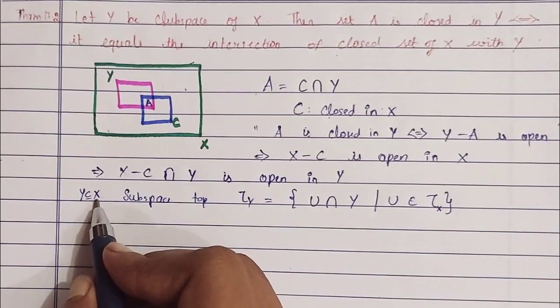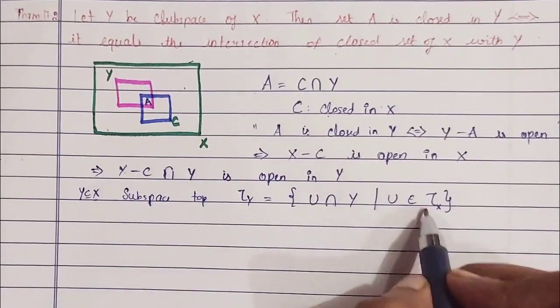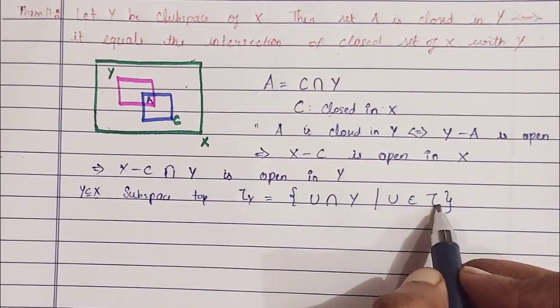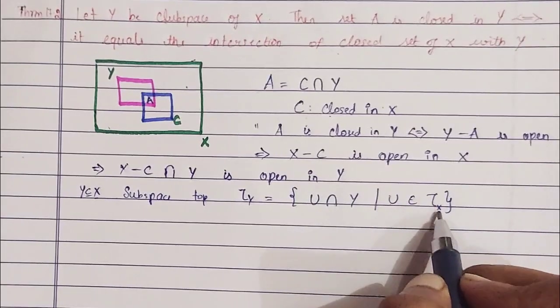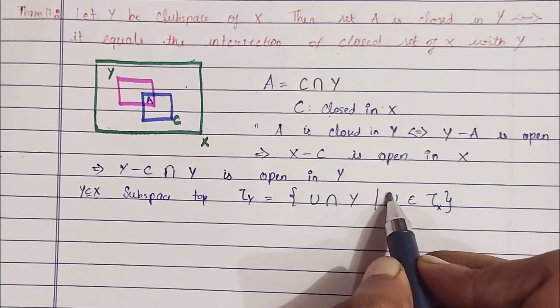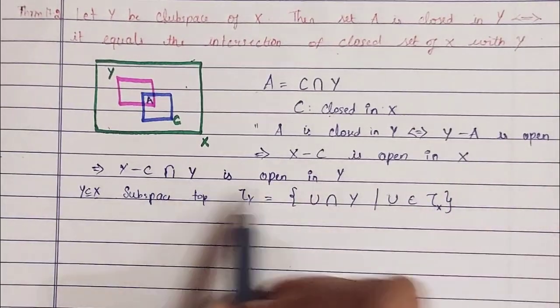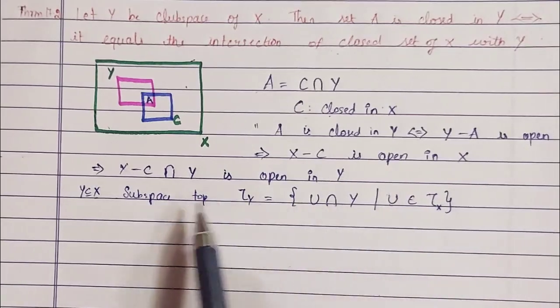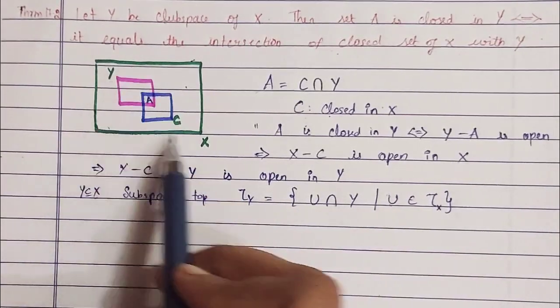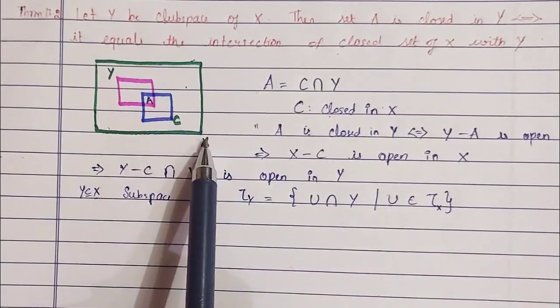So the collection of topology on X is tau X, and U belongs to tau X means U is open in X. So I am collecting U which is open in X and I am intersecting with Y. So from this diagram you can understand.